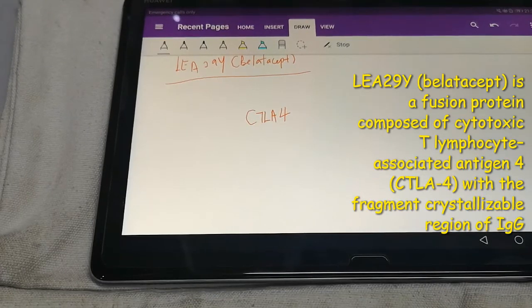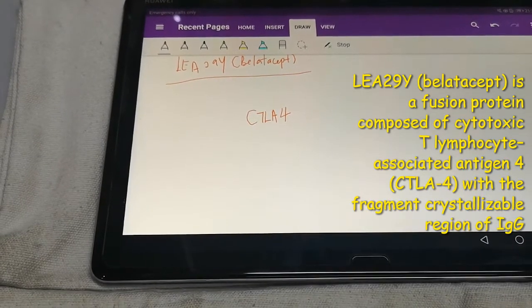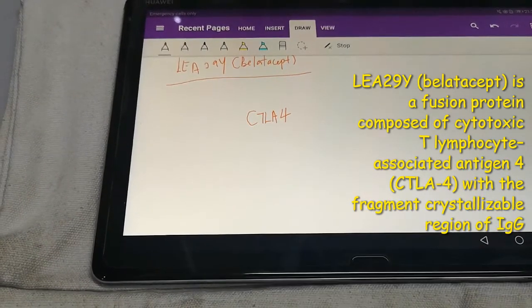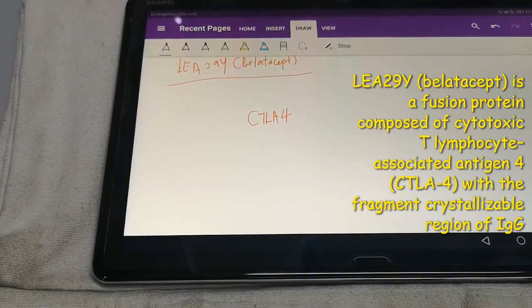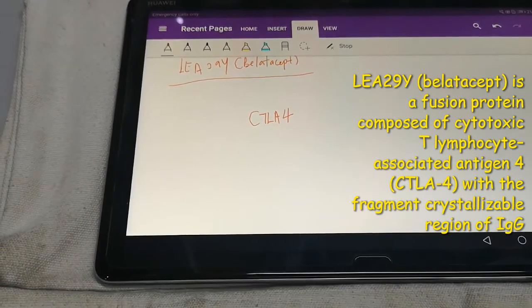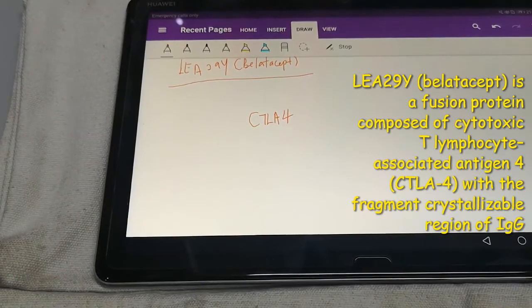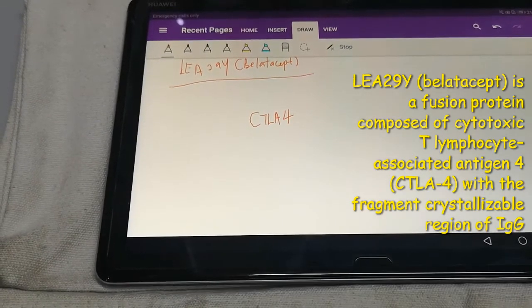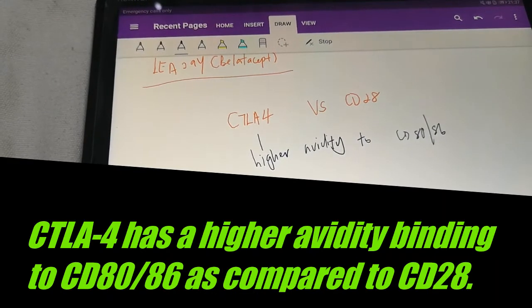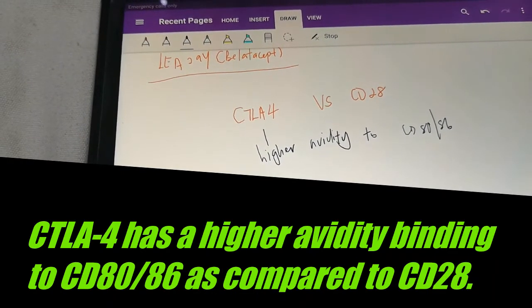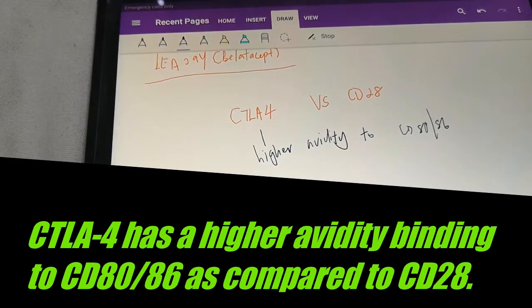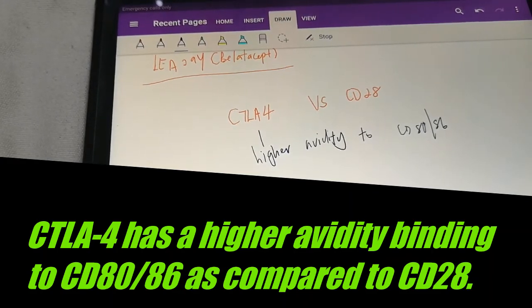LEA29Y is a fusion protein composed of cytotoxic T-lymphocyte-associated antigen 4, CTLA4, with the fragment crystallizable region of IgG. CTLA4 has a higher avidity binding to the CD80 or CD86 as compared to the CD28.